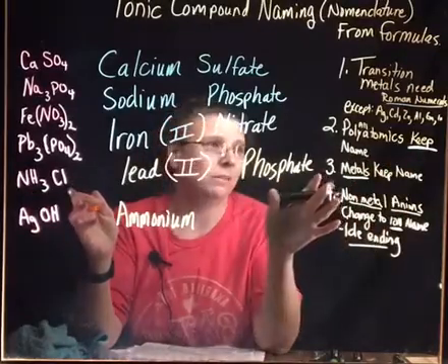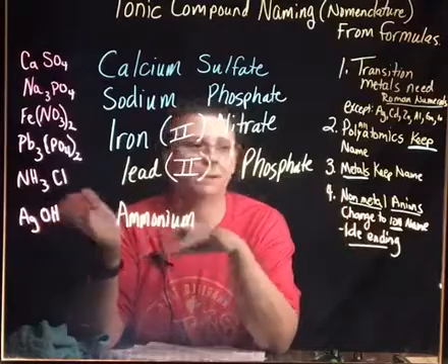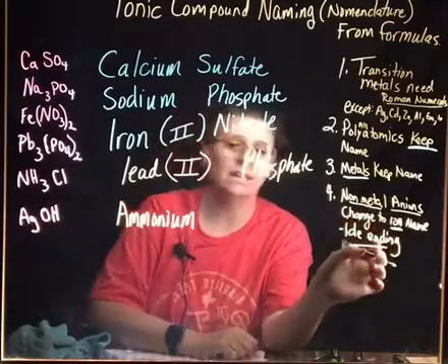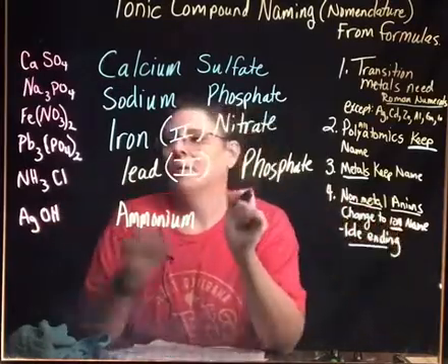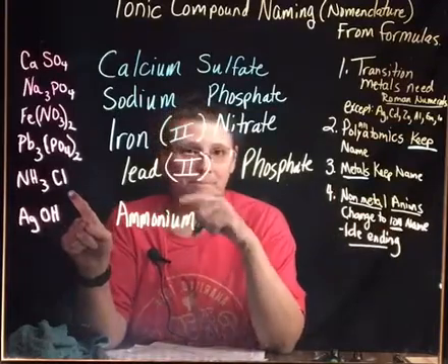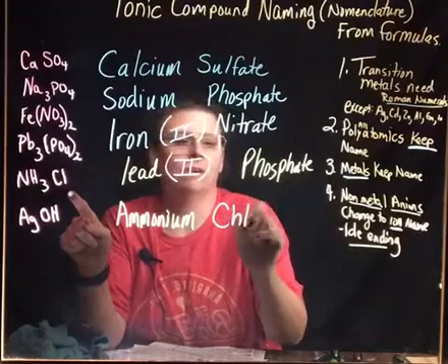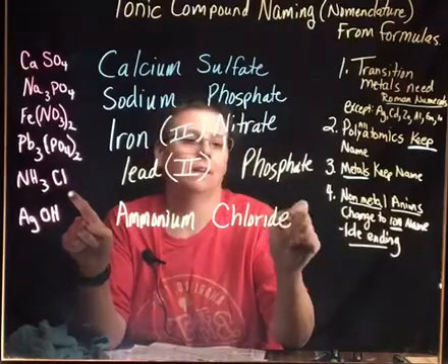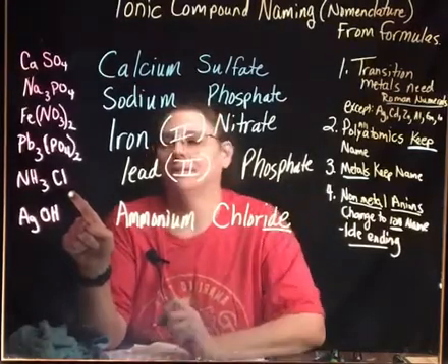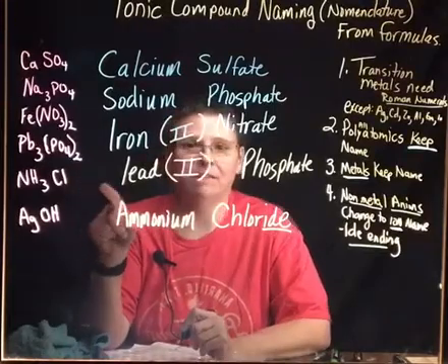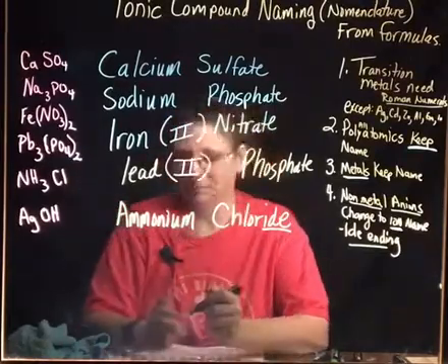Well, it's not a metal. It's an anion. It's not on the polyatomic ion chart, so I have to go back to its ending for an ion. Well, I know that chlorine is a nonmetal, so I'm going to change the ending to IDE, so I end up with chloride. Ammonium chloride.